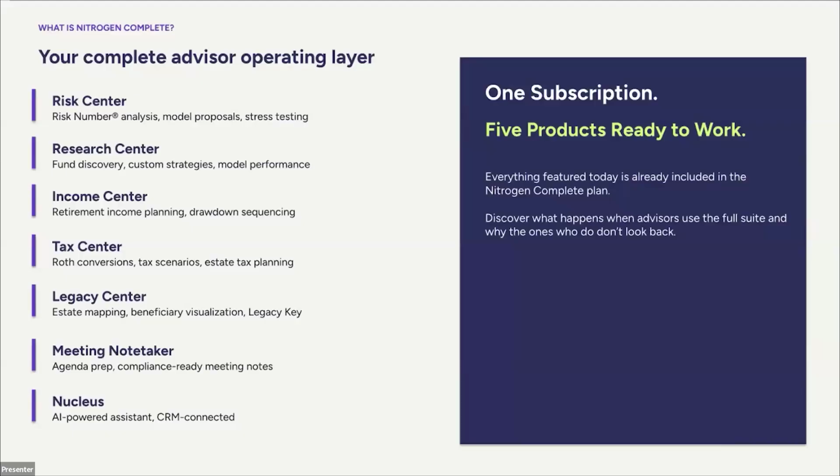Just a few things that you can do with those tools. So lots there, lots under the hood. And thanks, Chris, too, for orienting us for anyone who's not super familiar with Nitrogen, the risk number, what we do as a whole here. That was super helpful.